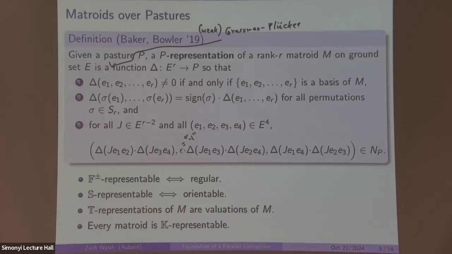If you have a weak Grassmann-Plücker function, then it gives you a matroid. Well, yeah. The last bullet also goes two-way. A Grassmann-Plücker function is with respect to a specific matroid.